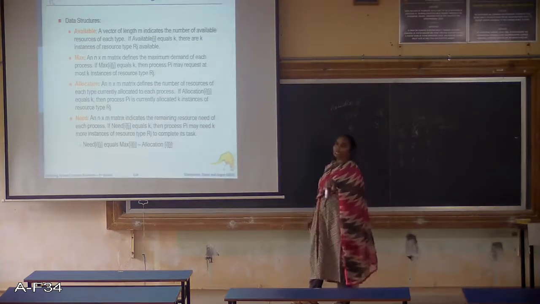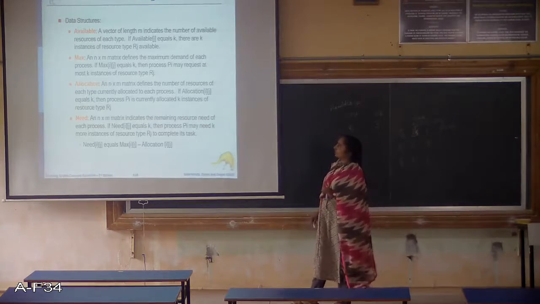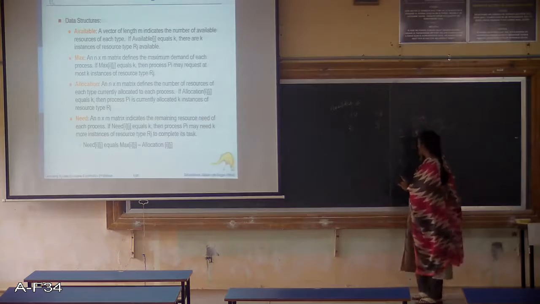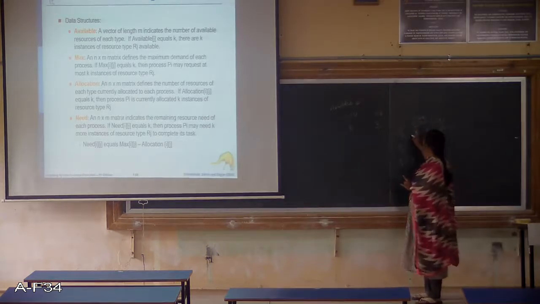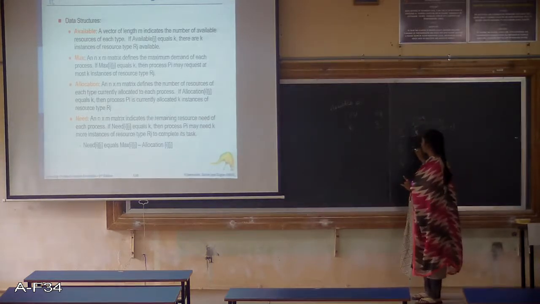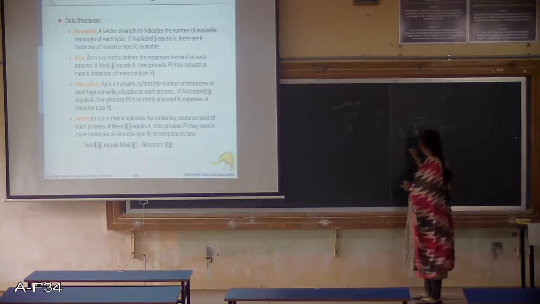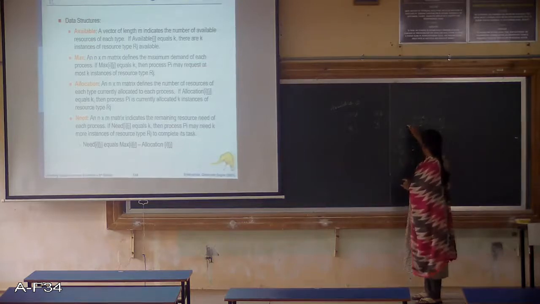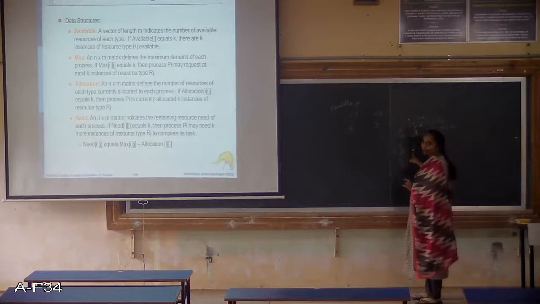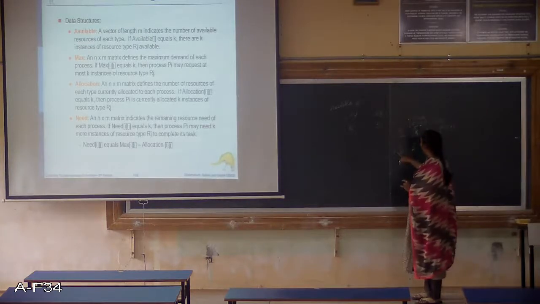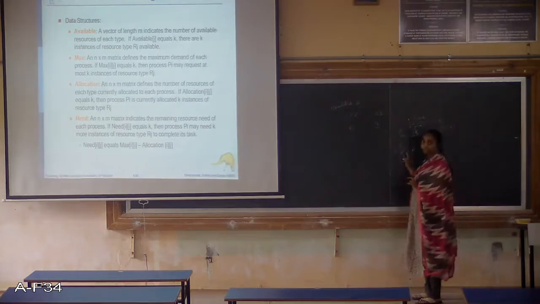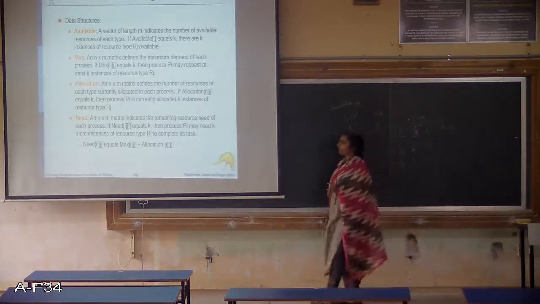So i indicates processes and j indicates resources. Here the value 2 indicates that process P2 requires 2 instances of CPU. So it is Max[i][j] equal to k, here 2, meaning the ith process requires 2 instances of the jth resource.